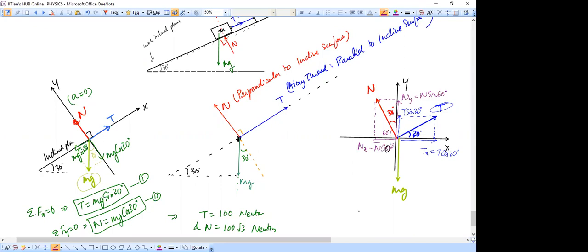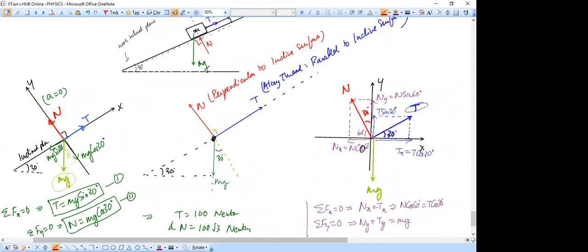Then summation Fx is 0, means we would write that Nx balances Tx. That means N cos 60 balances T cos 30, and summation Fy is 0, means that N's y component plus tension's y component balances mg.